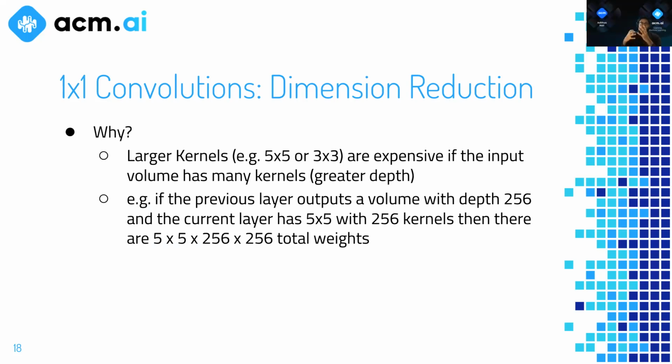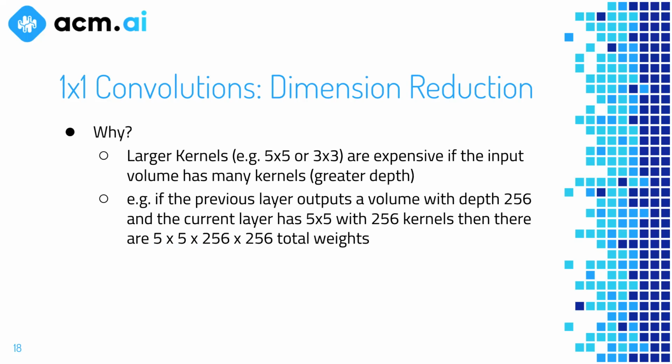But when we're talking about filters, especially with input volumes, you deal with pictures that have color, like the RGB channels, and you might have input volumes from one convolutional layer with a depth of 256 for all the different filters you use.